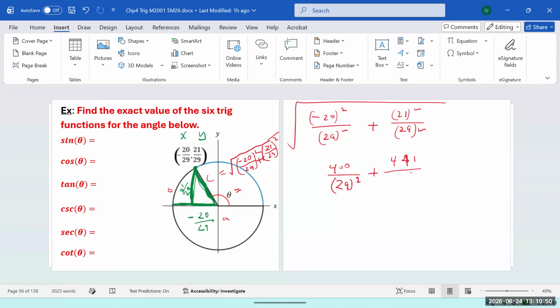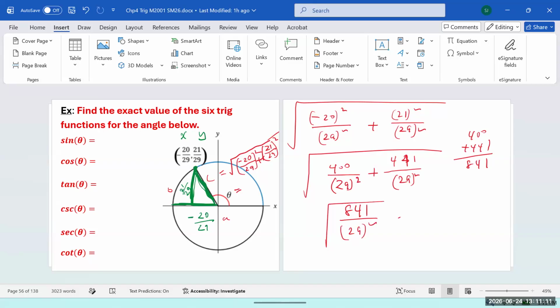I was trying to do it mentally, but it didn't work. I missed the middle spot. And then we have 29 squared. So we add 400 plus 441. We get 841 over 29 squared. And what is 841 under the square root?